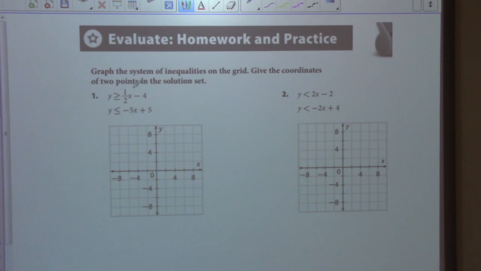The first one here, we have y is equal to, and greater than, 1/2 x minus 4. So how would I draw that? Y-intercept at -4, and go up 1 over 2.